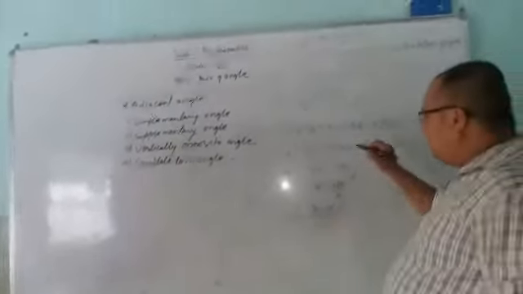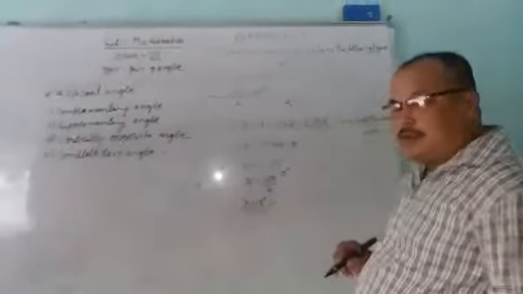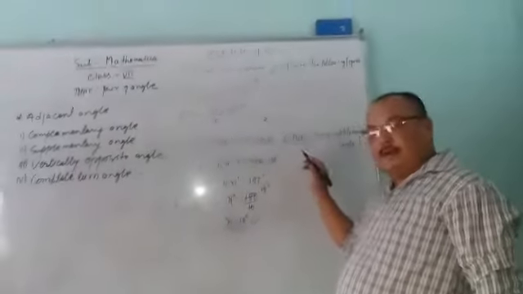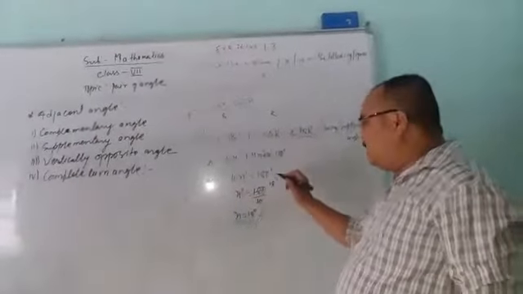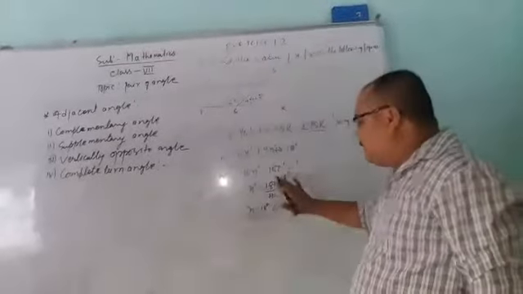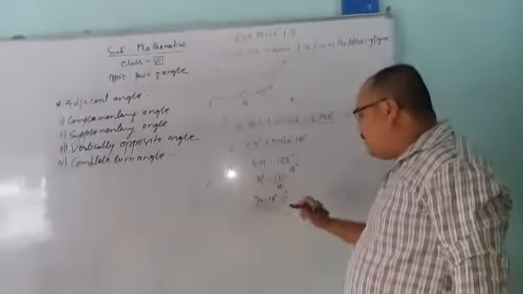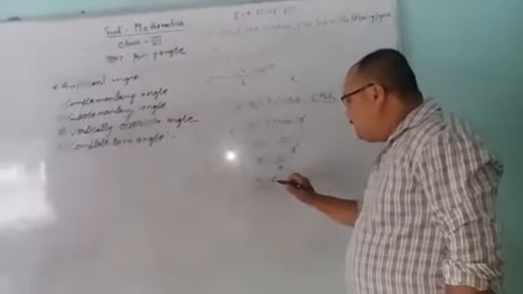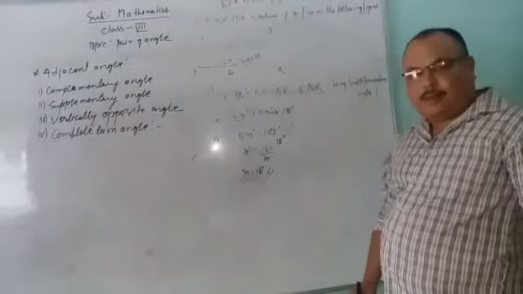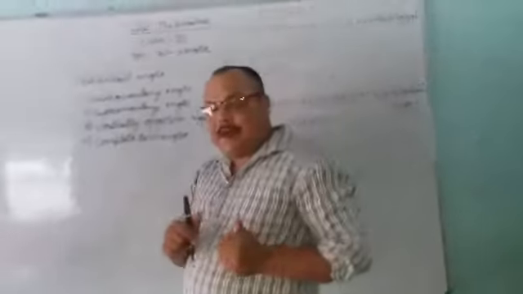Now my dear students, here plus 20 degrees is a constant number. So in an equation we transfer the constant number to the right hand side. So you transfer this 20 degrees there as minus 20 degrees. Here the difference is how much? 160. Now its answer is 16. Have you got the idea? My dear students, I know you understand very well.